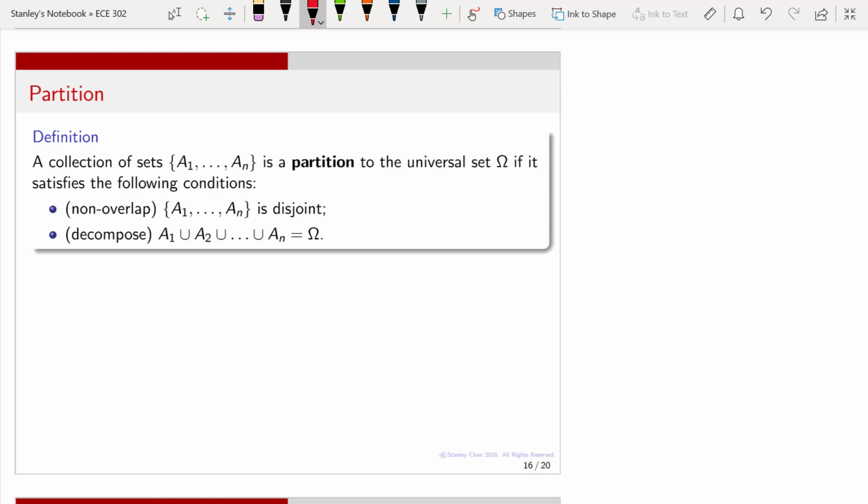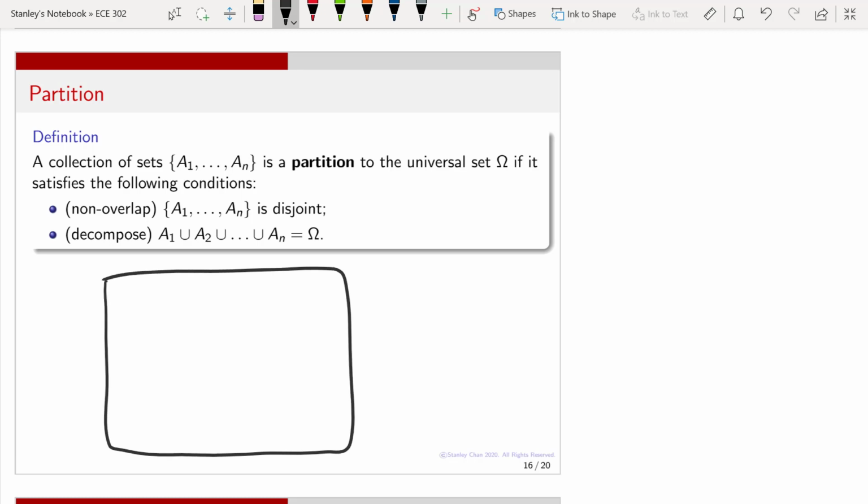Another notion is called partition, which is built on top of this concept of disjoint. A partition is always built on the universal set. So you have a universal set here, and then you are going to divide this universal set into segments.